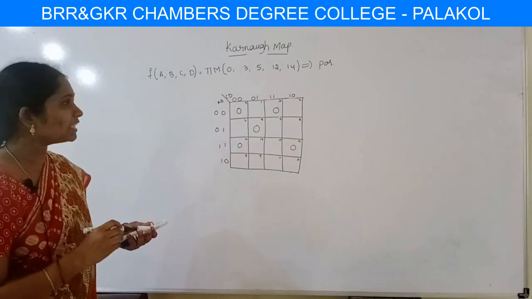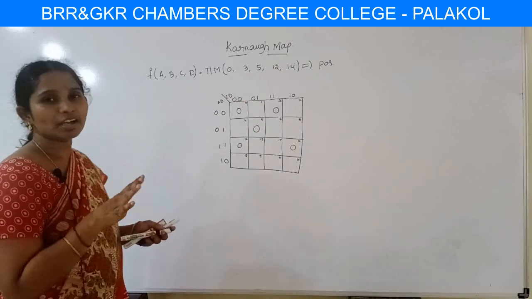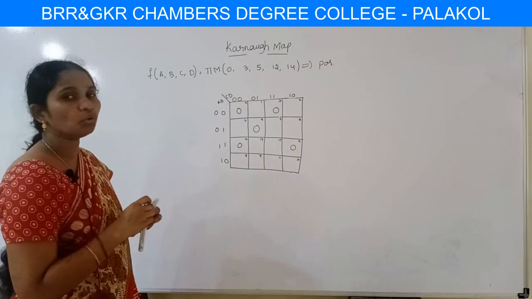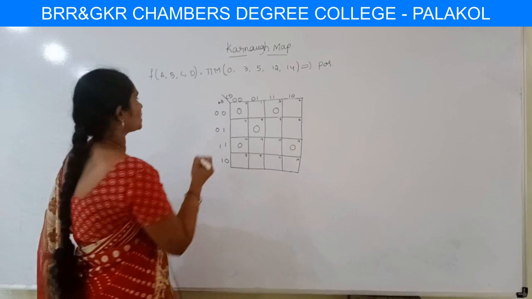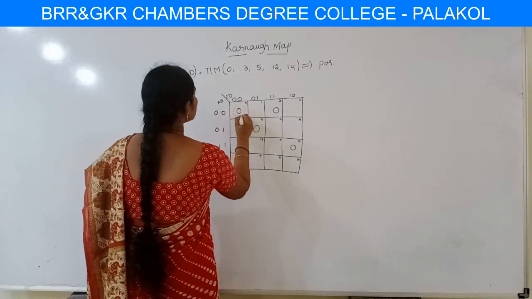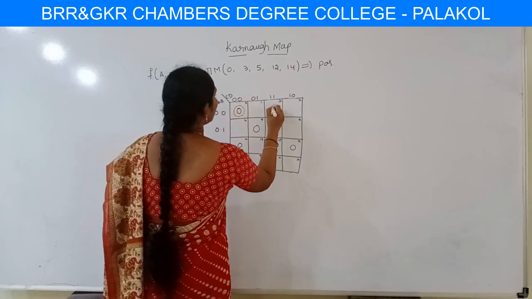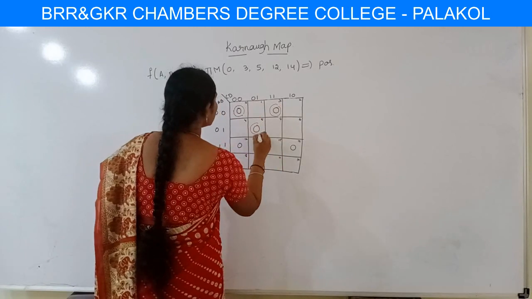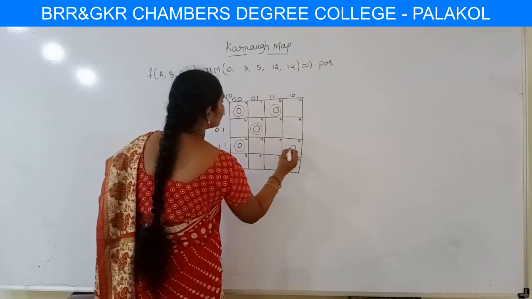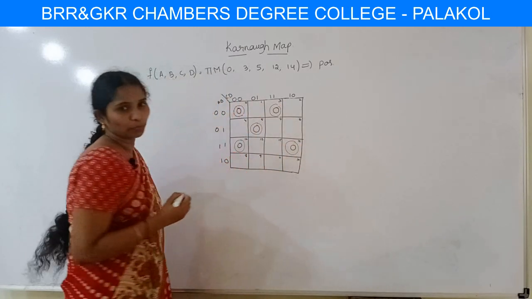In this example no groupings are formed, so we have to take individual groups: this is one group, this is one group, and so on, five groups in all.